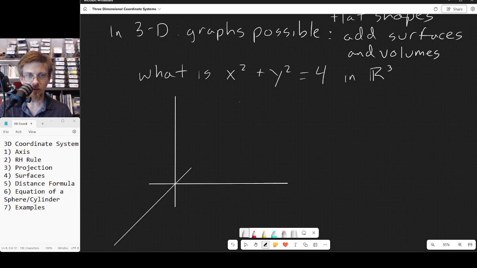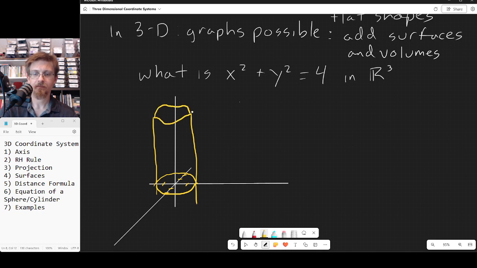If we were to graph this out, we would have this circle of radius 2 here. But since there's no z restriction, it would go up and down. So this would be like a pipe going up and down. It wouldn't stop here, it would keep on going.